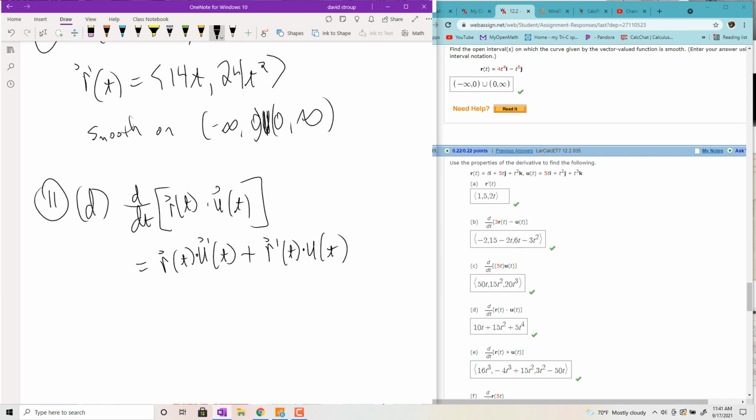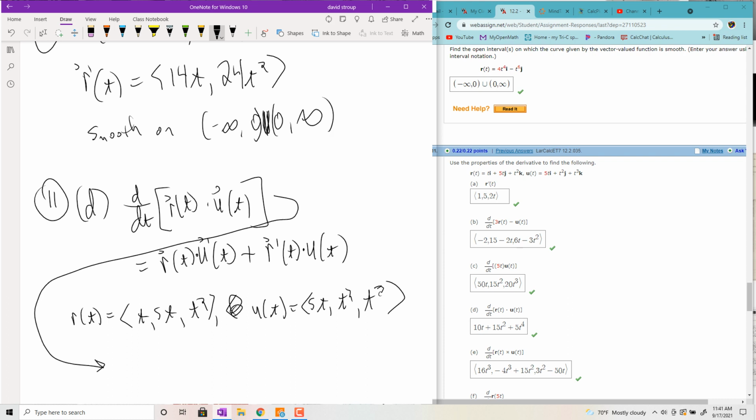What are my guys? So r of t is t comma 5t comma t squared, and then u of t is 5t comma t squared comma t cubed. So the derivative then, I guess we should get the derivatives. 1, 5, 2t, and then the derivative of u of t.